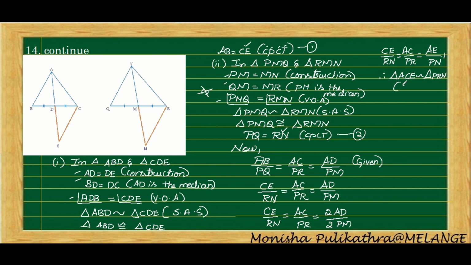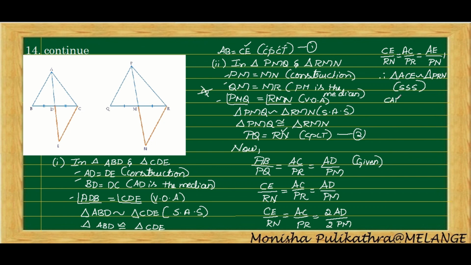If all the sides of two triangles are in equal proportion, then those two triangles are similar to each other. Because of this, one side should be equal to the other, since AD and PM are the medians which cut the triangle into equal halves. So what happens?